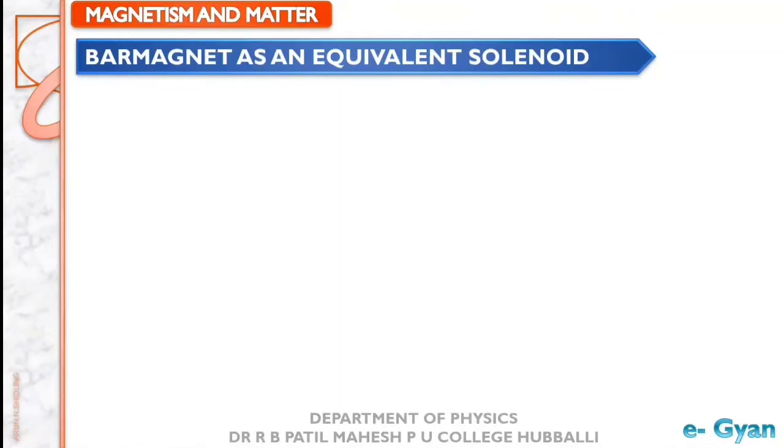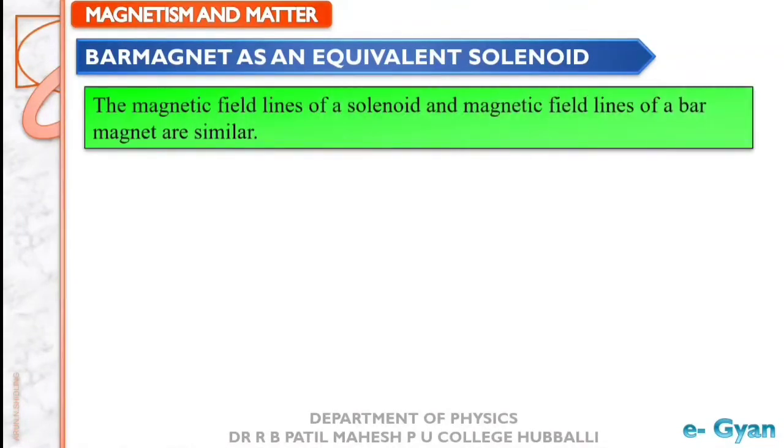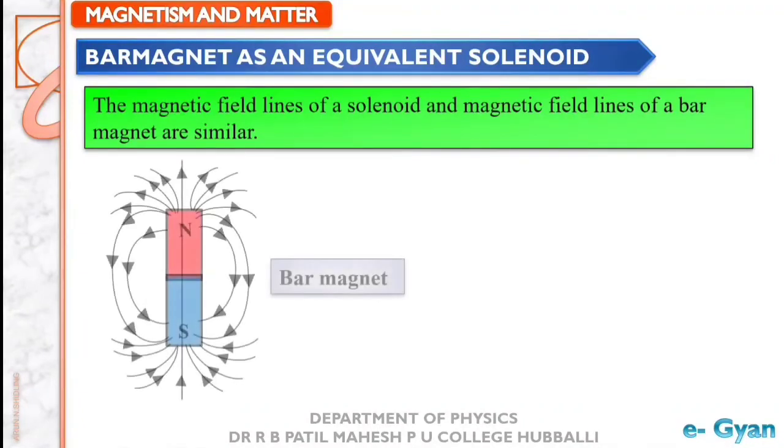Next, let us start with bar magnet as an equivalent solenoid. Here we take magnetic field lines of a solenoid and magnetic field lines of a bar magnet. If we compare them, we find that both are almost similar.